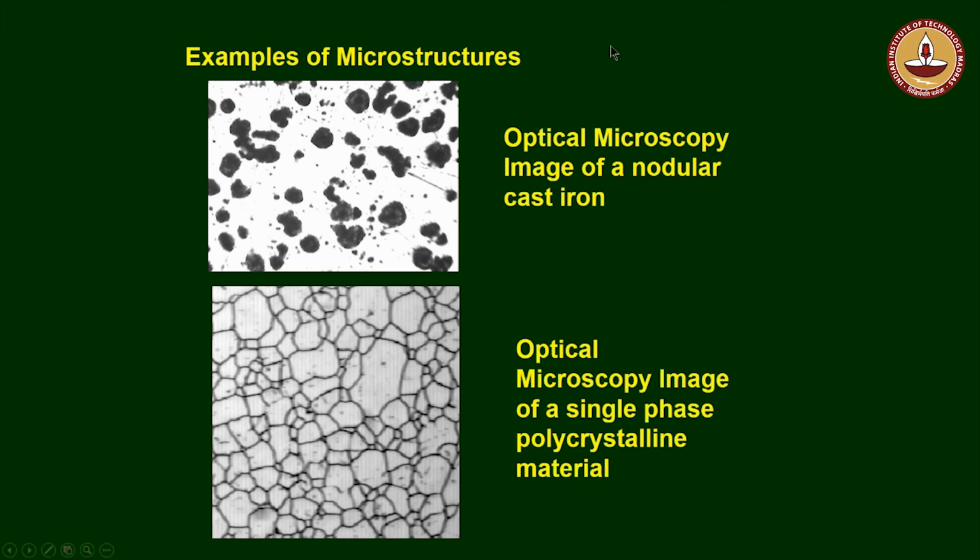Here are some examples. This is what you would observe in a typical nodular cast iron, put under a reflected light microscope or a metallurgical microscope. This is a single phase polycrystalline material, where you can see the grains, and you see these black lines, which are the grain boundaries, which in the 3-dimensional structure are actually surfaces.